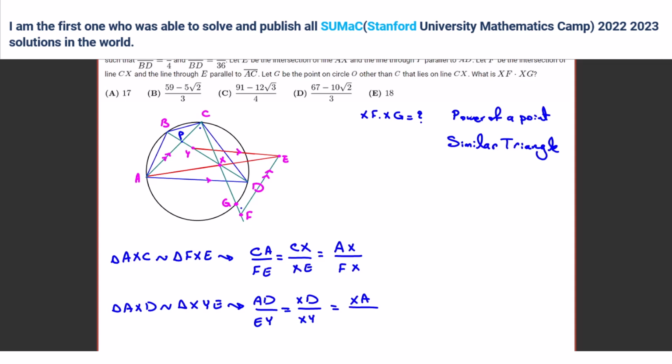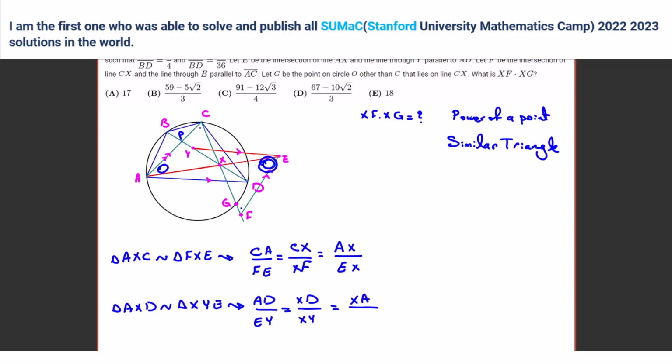CX is opposite to this angle, and because these two lines are parallel, this angle is equal to this angle. So CX is opposite to XF, not XC.